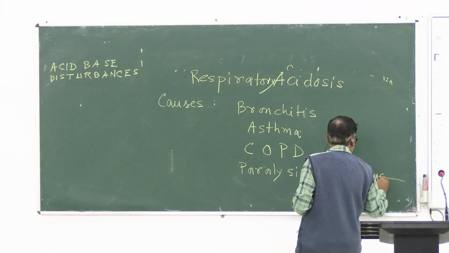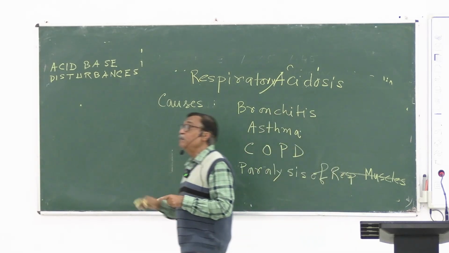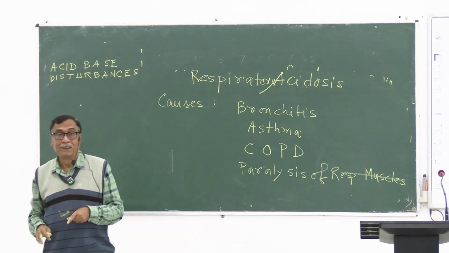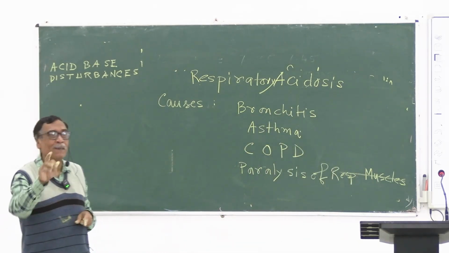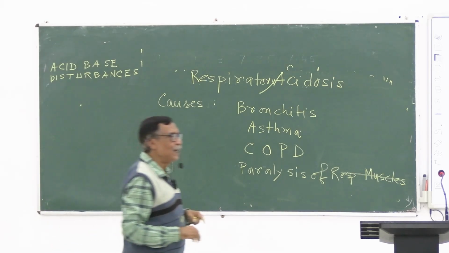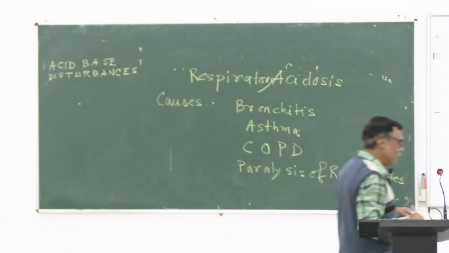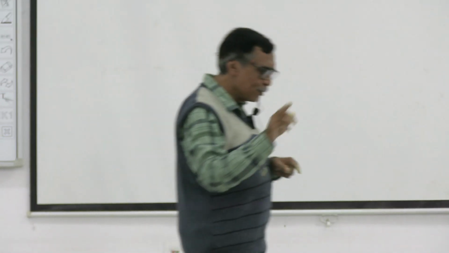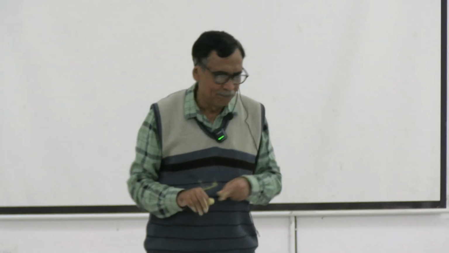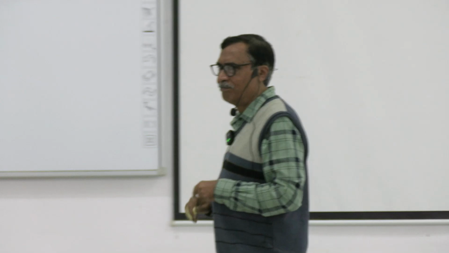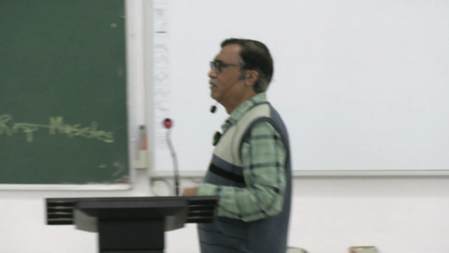In all these cases, generalized muscles are paralyzed, and if this paralysis occurs in the respiratory muscle, there will be respiratory acidosis because of retention of the carbon dioxide, because of hypoventilation. All are related.